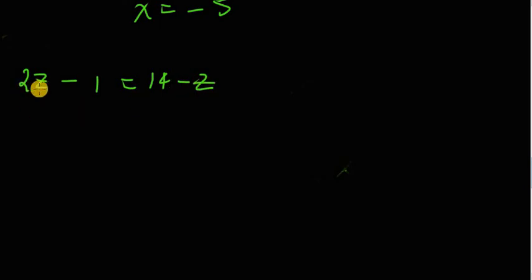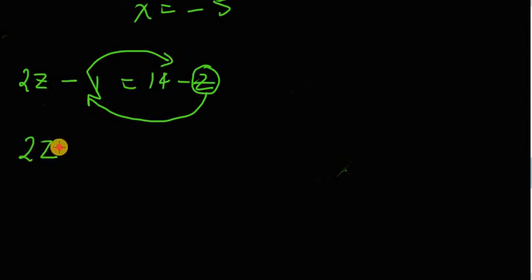Let's see the last problem example. Okay, 2z minus 1 equals 14 minus z. Okay, so how can we solve this? So here is a z, isn't it? So we have to shift it to the left hand side and we have to shift this constant to the right hand side.